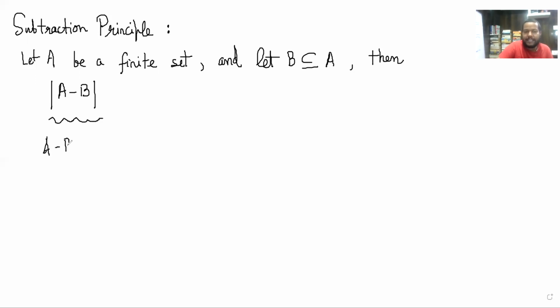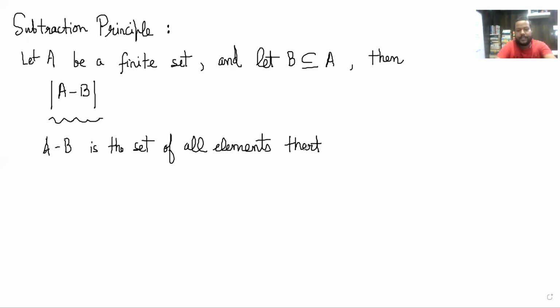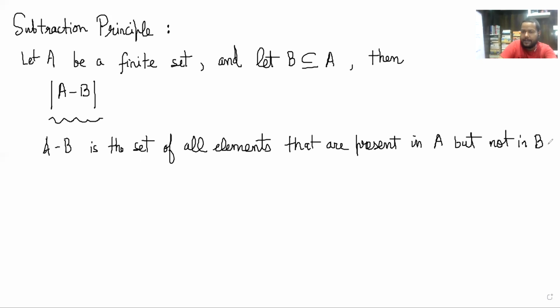A minus B is the set of all elements that are present in A but not in B. So if you want to count the number of elements in the set A minus B, that will simply be mod A minus mod B, or number of elements in A minus number of elements in B.